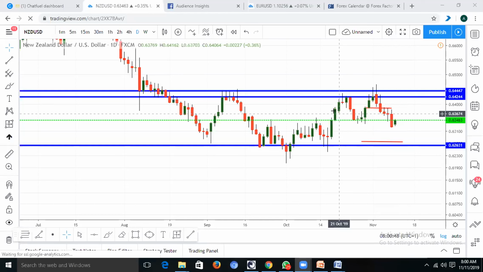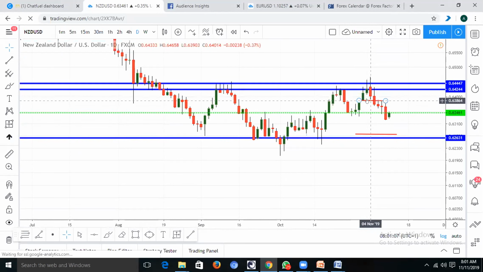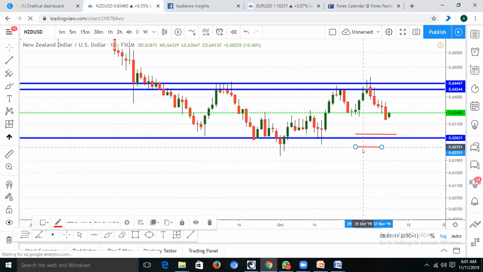Maybe if you enter from this peak, now you can bring your stop loss. The stop loss for trailing stop, for those of you who don't know what is trailing stop, the stop loss was here. You can ask, okay, move my stop loss to this.